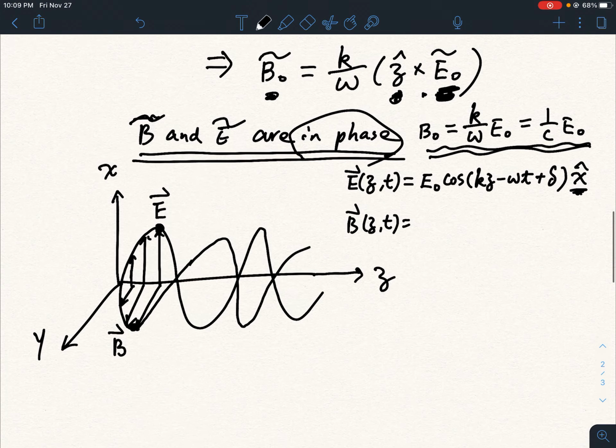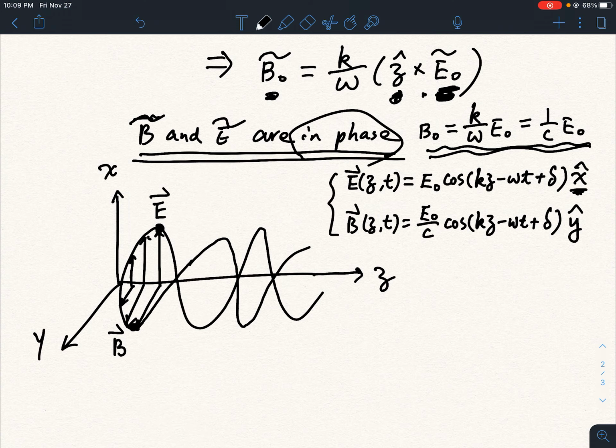The amplitude is just E0 divided by c, and because it is in phase, it should also be kz minus omega t plus delta, and this is along the y direction. So this is how it looks for a monochromatic plane wave.